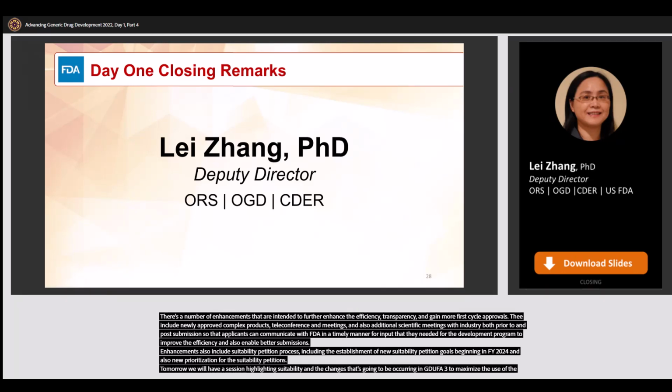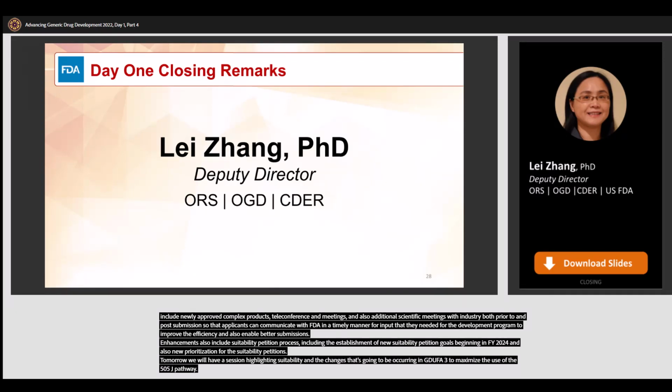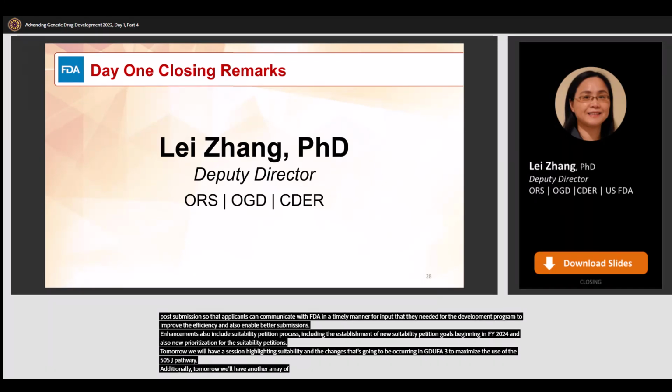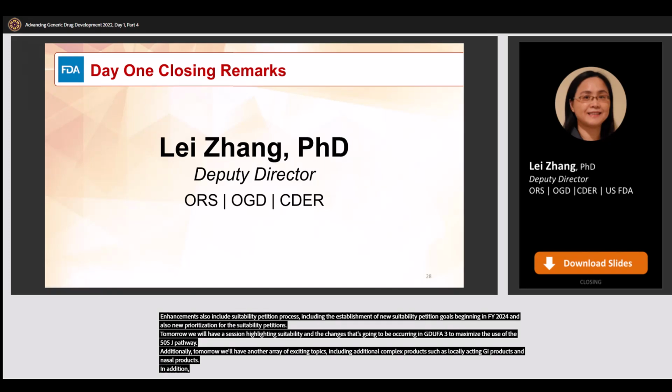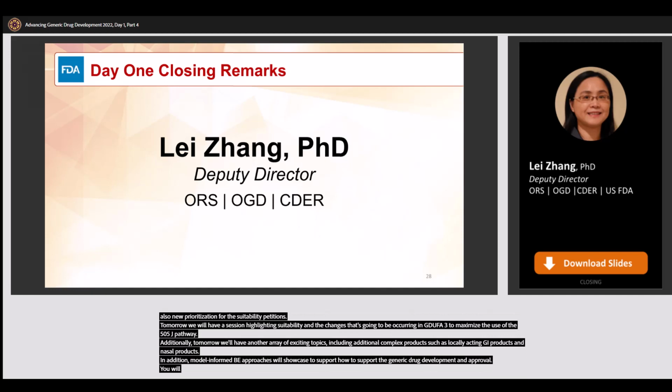Additionally, tomorrow we'll have another array of exciting topics, including additional complex products, such as locally acting GI products and nasal products. In addition, model-informed BE approaches will showcase how to support generic drug development and approval. You will learn those new developments in methodologies and those efficient alternative BE approaches to support complex generic drug development.